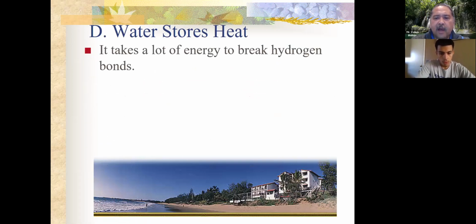All right. Water also stores heat. My picture at the bottom is of some condos at the beach. A lot of people like to live near a beach. And why is it so nice by the beach? Because of the climate. The climate is pretty stable, and you don't have massive changes.